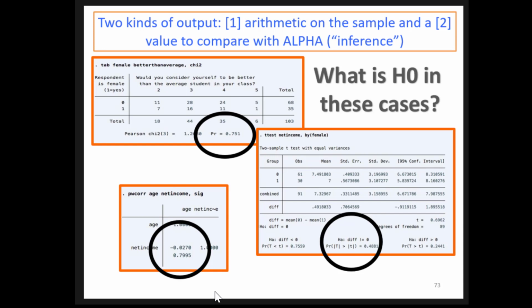So it's not that you can come up with your own H0 and then get a number that fits whatever you think of. You have to figure out what H0 is, and you can be wrong, right? If you would have assumed something else here, my H0 is, well, all these numbers in these cells are equal. That could be an H0, but that's not the one being tested with this test. So you have to be able to figure out what the actual H0 is that belongs to the test that you do.